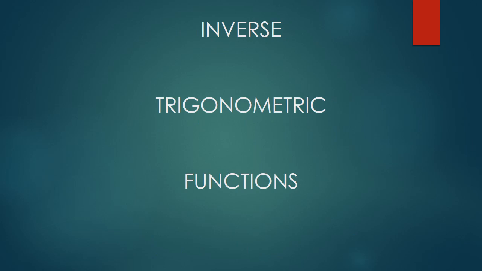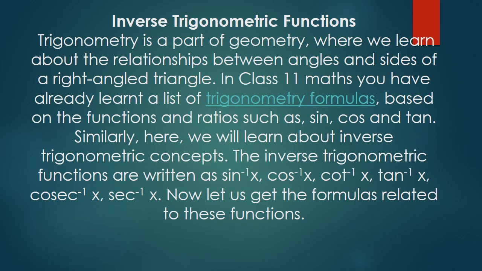Today I am going to explain one of the topics from the 12th class mathematics book, inverse trigonometric functions. Trigonometry is a part of geometry where we learn the relationship between angles and sides of a right angled triangle.